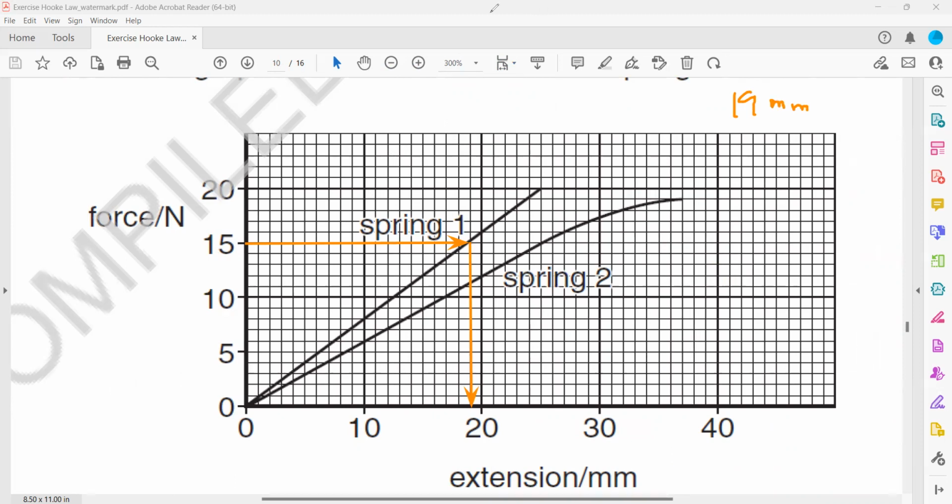When we apply the same force of 15 Newton on spring 2, the extension is 25. They did not ask the extension for each, they're asking for the difference between spring 1 extension and spring 2 extension. So it will be 25 minus 19, which is equal to 6 millimeter.